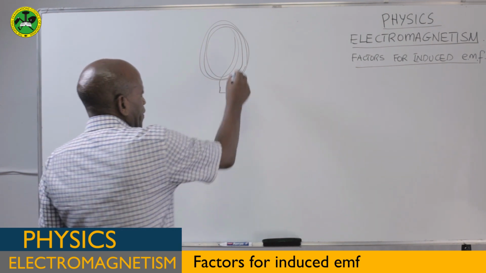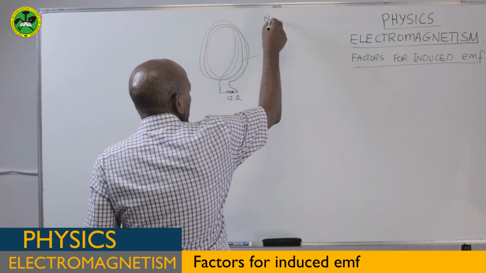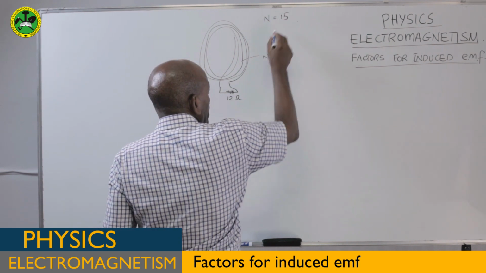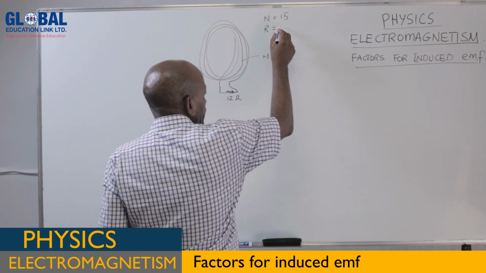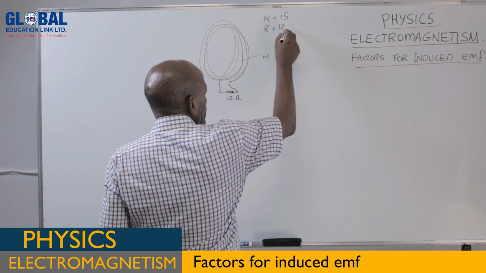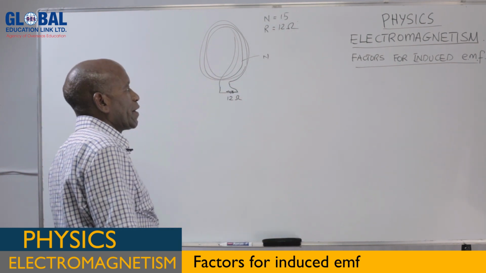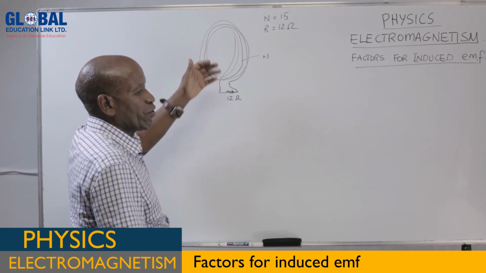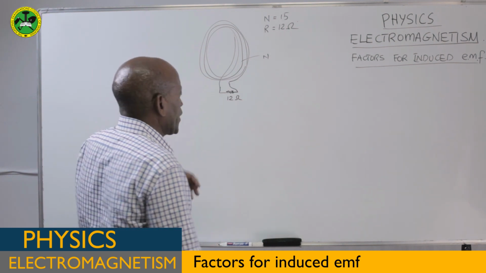The number of turns is given as 15, and the resistance connected to the coil is 12 ohms. And this coil is made to oscillate in a magnetic field, across the magnetic field.